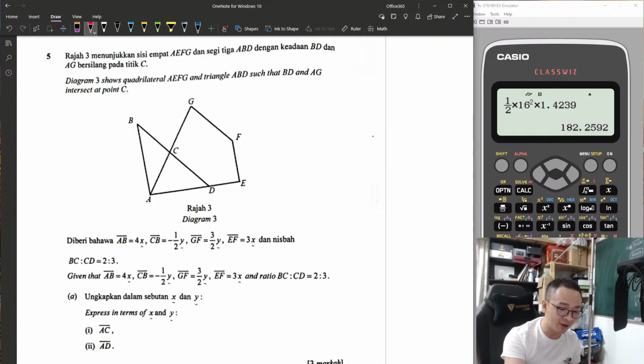Okay, at least they tell us AB is 4x. CB here is negative half y. And okay, so G to F is 3 over 2y.